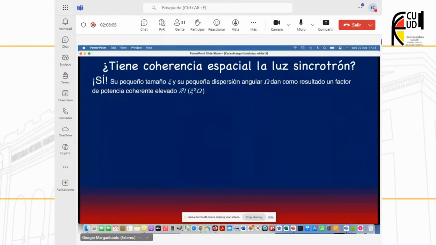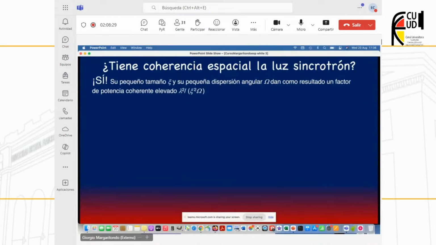Why so? Well, we have seen that the coherent power has the wavelength squared in the numerator and the geometric parameters in the denominator. But folks, we spent quite some time yesterday to explain that actually the beauty of synchrotron radiation is that the geometric parameters are very small.